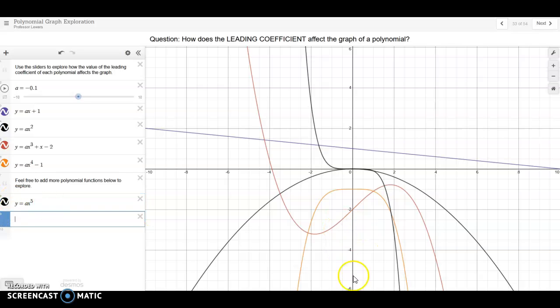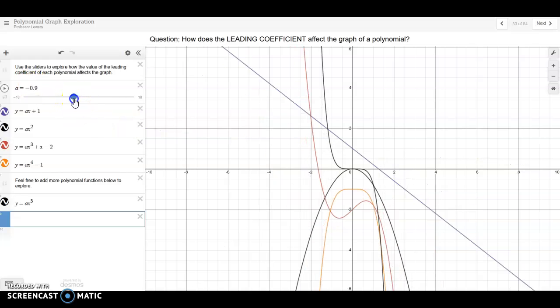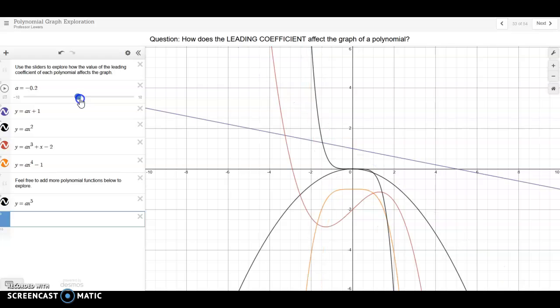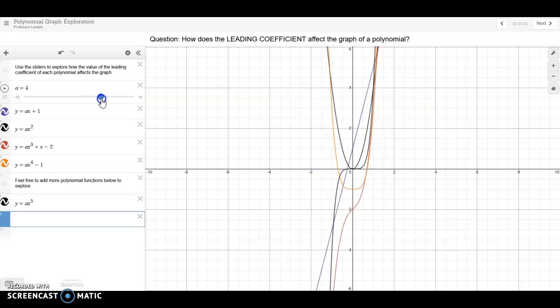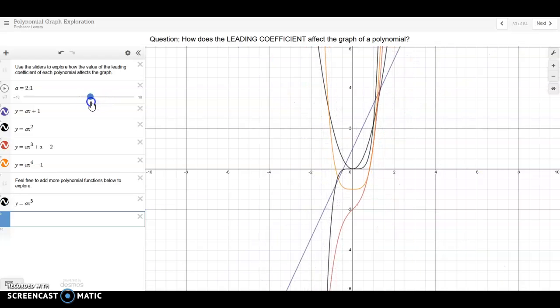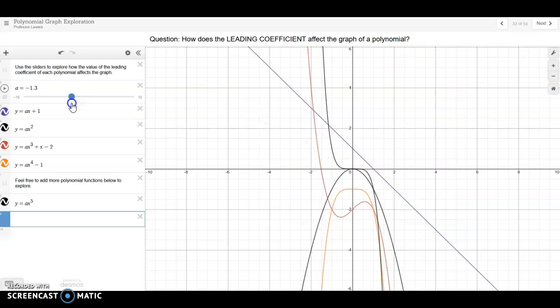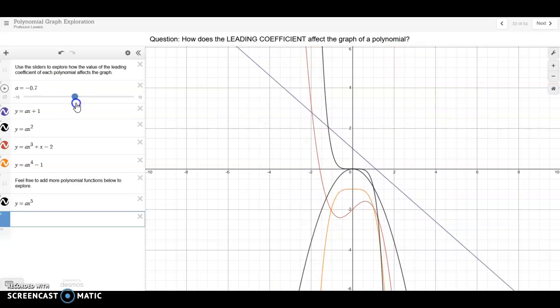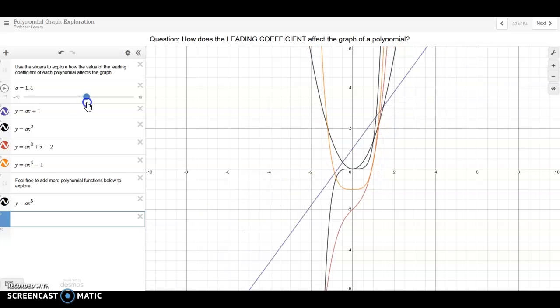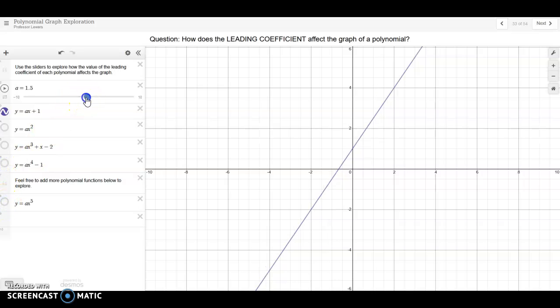Anyway, so what happens as A is negative? What happens when A becomes positive? How is A affecting these graphs? You can look at one graph at a time and see how A affects that one.